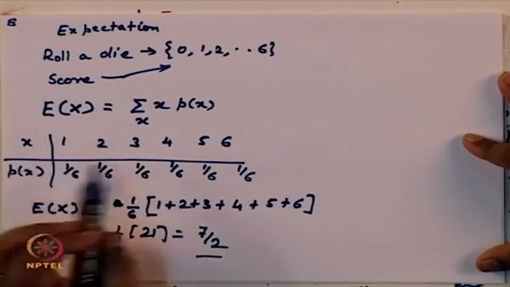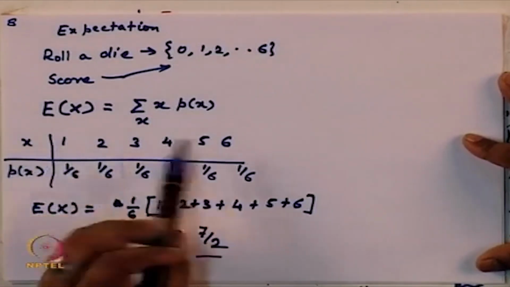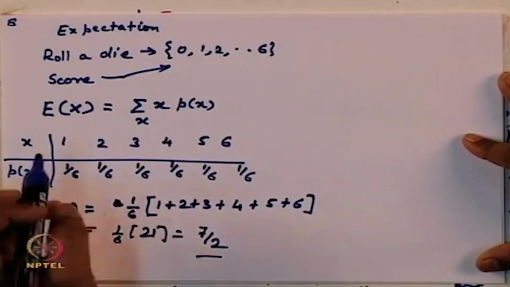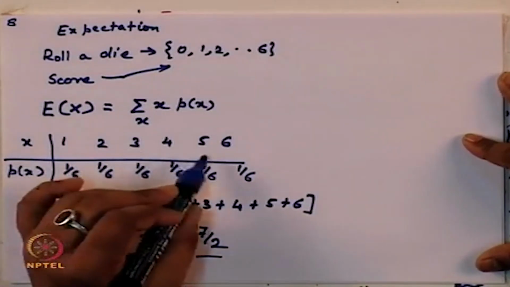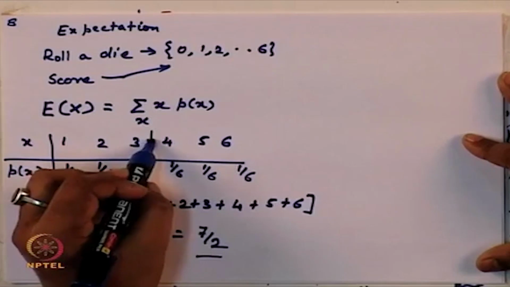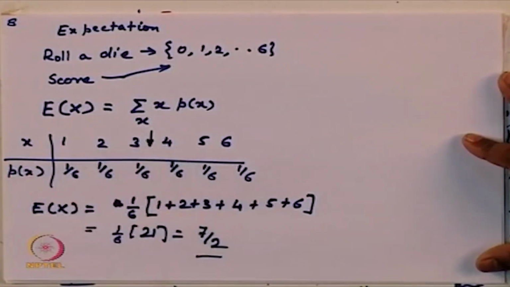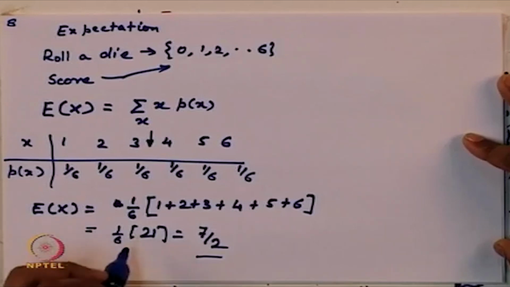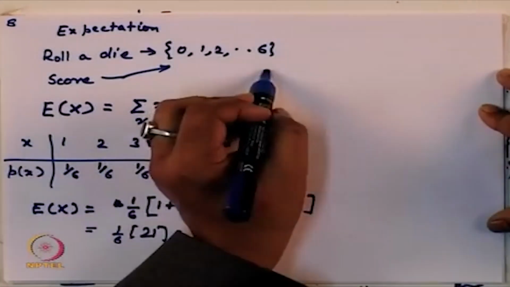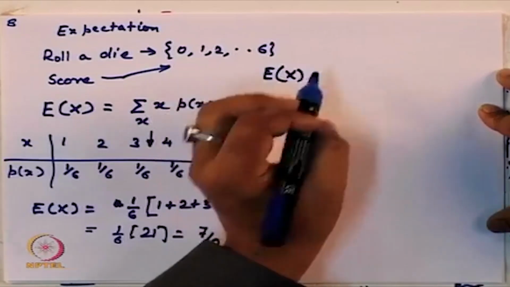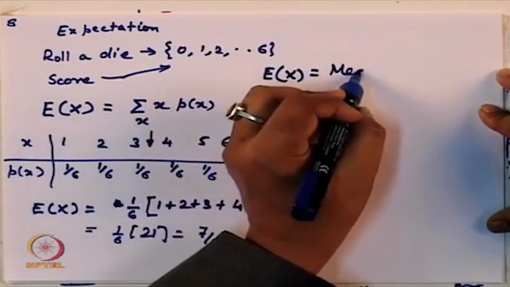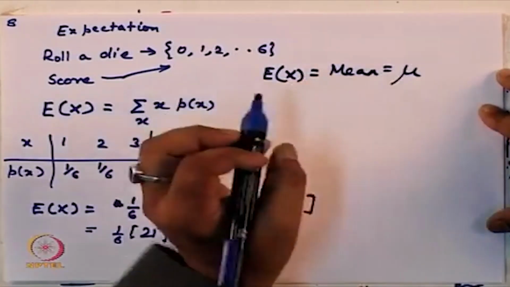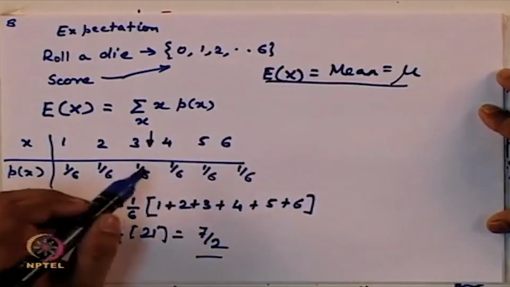What is the average? On an average, the average of 1, 2, 3, 4, 5, 6 is nothing but this, which is going to be 7 by 2. So, in general, it is always true that the expectation of x, E of x, is nothing but the mean. E of x is always going to be the mean.